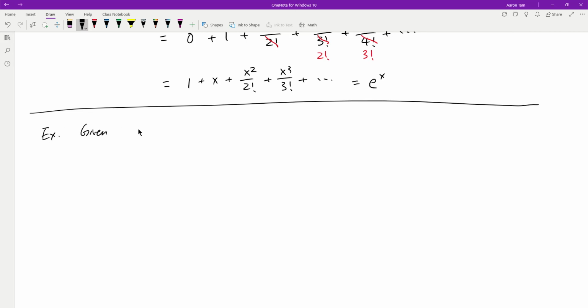Given sine x is equal to x minus x to the third over 3 factorial plus x to the fifth over 5 factorial minus x to the 7 over 7 factorial plus ..., that's the summation n from 0 to infinity, negative 1 to the n, x to the 2n plus 1 over 2n plus 1 factorial.